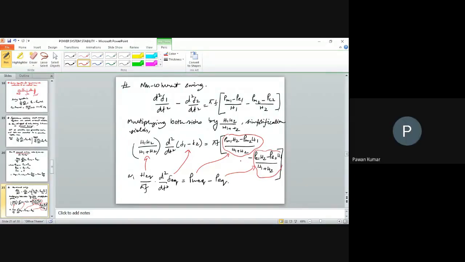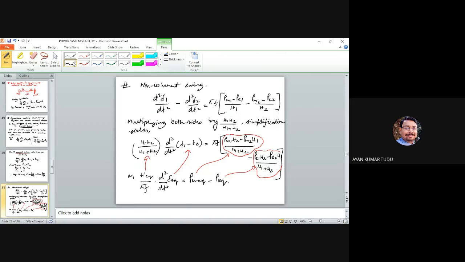As you can see, the non-coherent swinging can be represented as an equivalent one machine which is connected to an infinite bus.